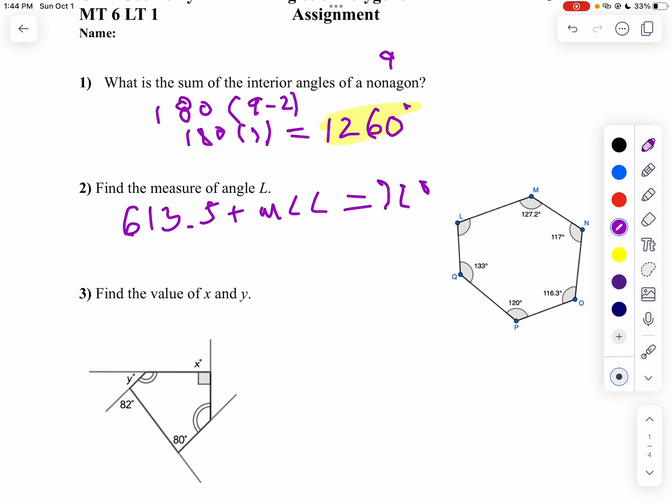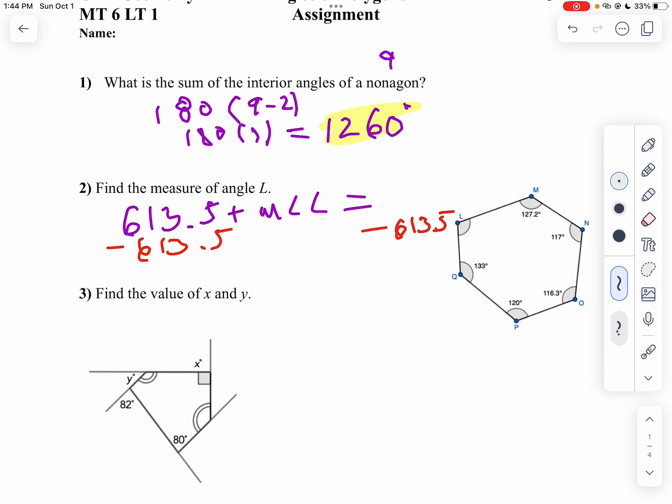And then we'll just subtract 613.5 from both sides. I'm going to rewrite that 720 too. That kind of looks like 72 degrees. So the measure of angle L is going to be 106.5 degrees.